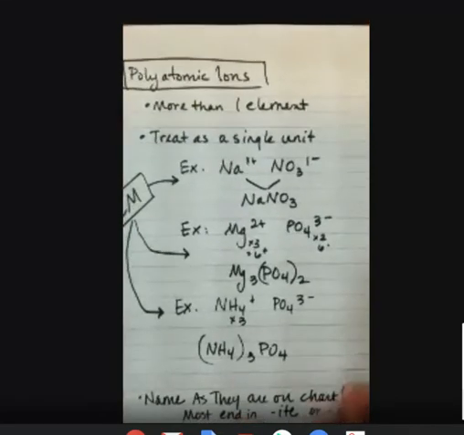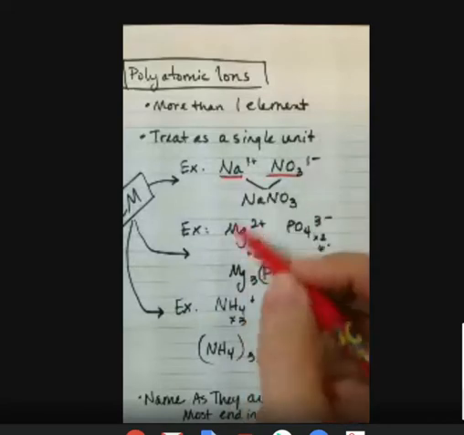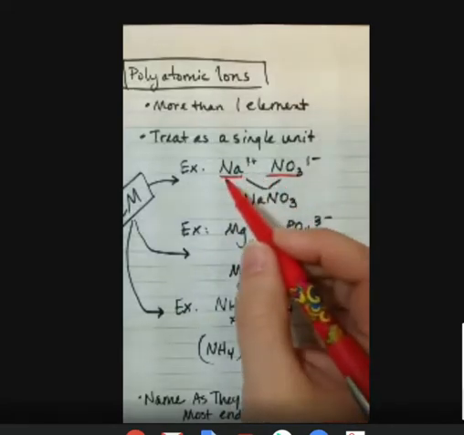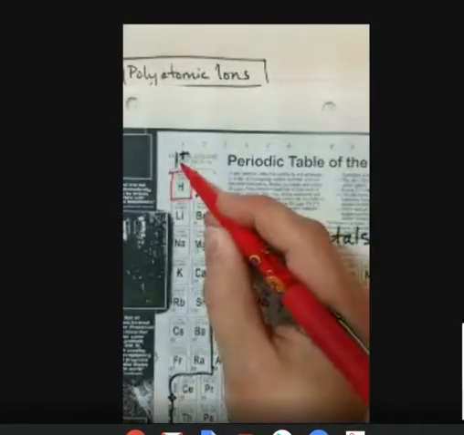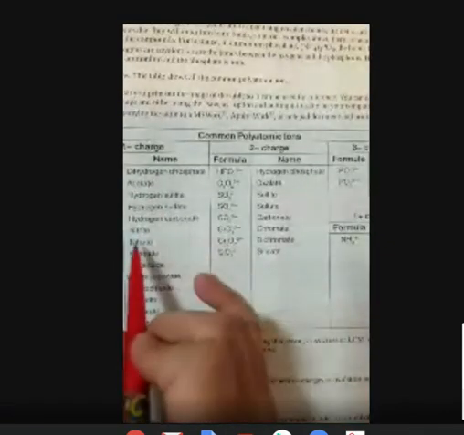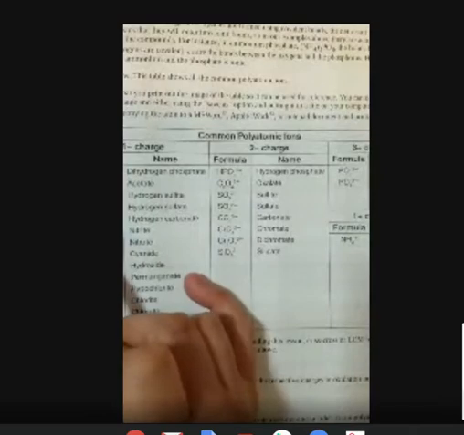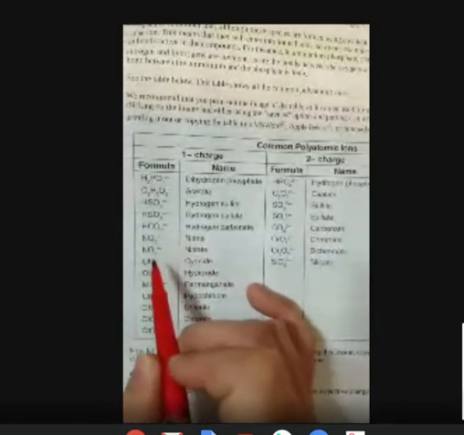So if you're given, what happens when sodium and nitrate join together? Well, I look on the chart that it gives me. I know sodium from the periodic table is in the first column, so sodium's charge is always a 1 plus. If I look on the table it gives me, you don't have to memorize them, it tells me that nitrate is NO3 with a 1 minus.